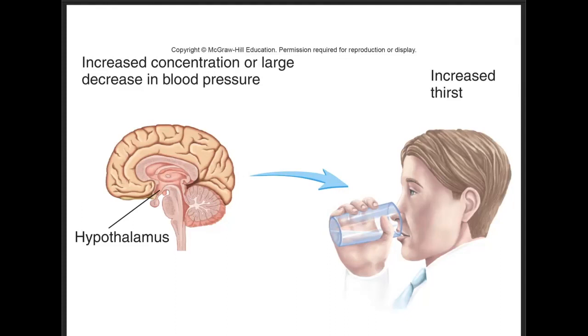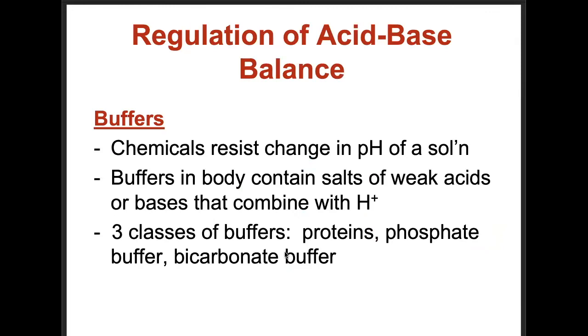Okay. Well, the next one here, we have your buffers, regulation of the acid-base balance. You will learn more of this one as well in your biochemistry. The buffers are chemicals that resist change in the pH of a solution, and buffers in the body contain salts of weak acids or bases that combine with your hydrogen ion. The three classes of buffers, we have the protein, the phosphate buffer, and your bicarbonate buffer. Okay.